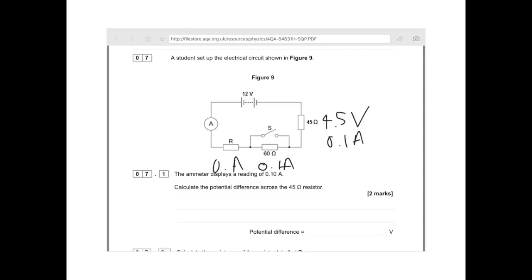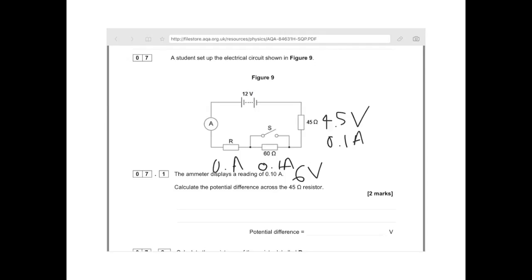So first of all, we're going to work out this voltage here, because it will help us work out our final answer. So we're going to use the equation V equals IR to do that. So 60 times 0.1, which gives us an answer which is, I am so bad at doing these sorts of calculations in my head, I always screw them up, so I'm going to do it now on my calculator. Yeah, so that is 6 volts.